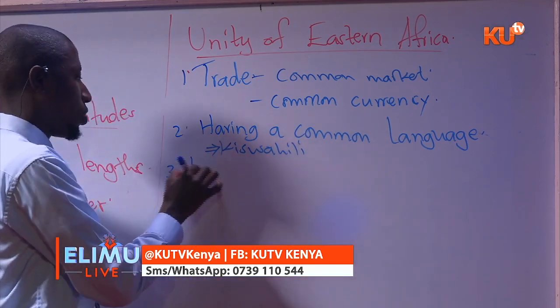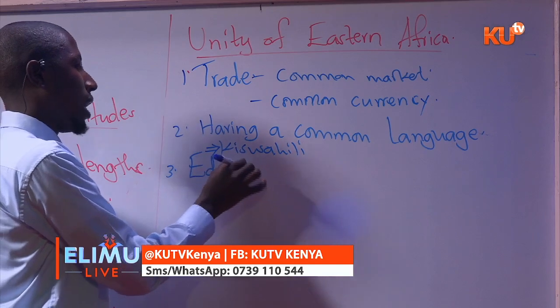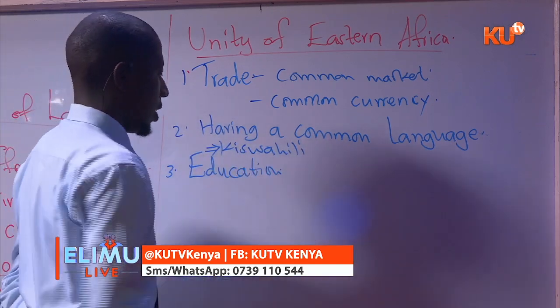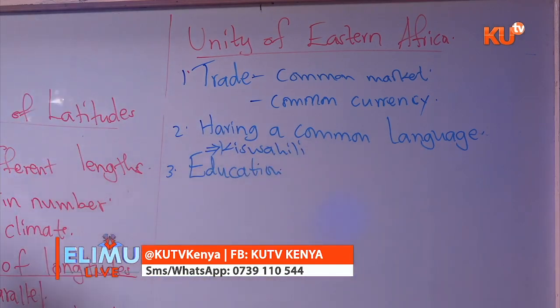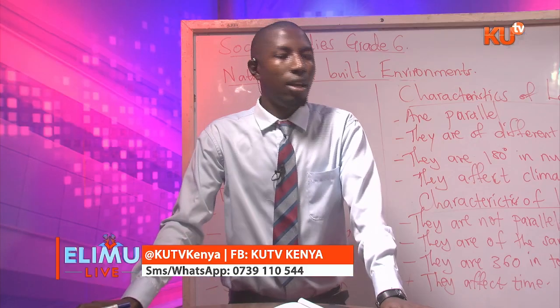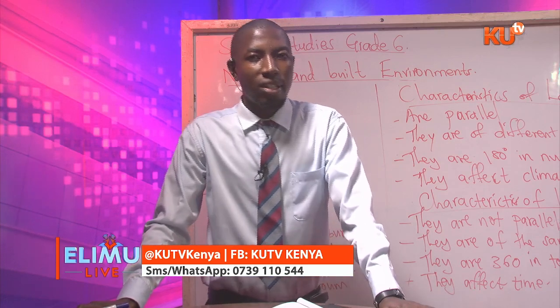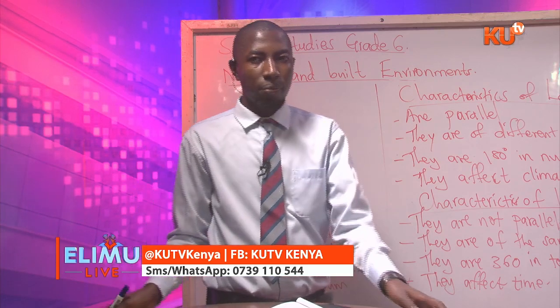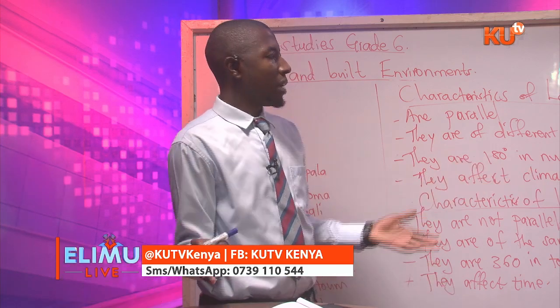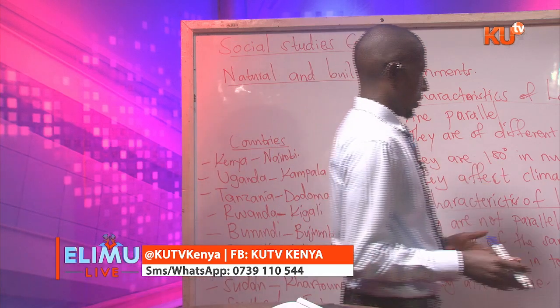Then education. How can education bring us together? Education can bring us together by having the same education system, having common universities or higher institutions of learning where any student from any part of Eastern Africa can join.